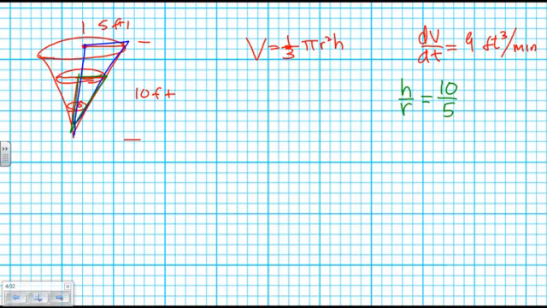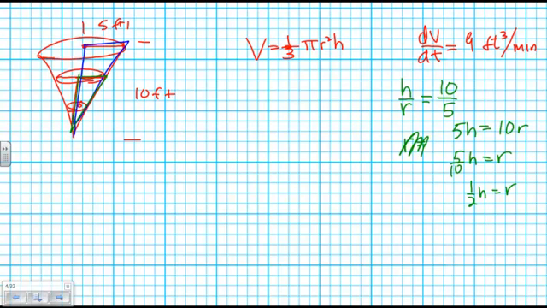Using that, I give you the height, tell me the radius. 5h is equal to 10r, or 5/10 h is equal to r, or 1/2 h is equal to r.